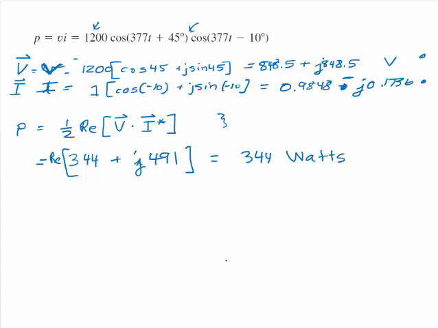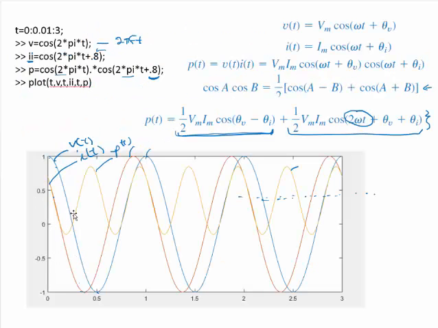Both of them are instantaneous values, which will result in a sinusoidal function running at twice the radian frequency and having a DC offset value. And the DC offset value right here is the average power. Okay, so that's the first two concepts to get out of this chapter.